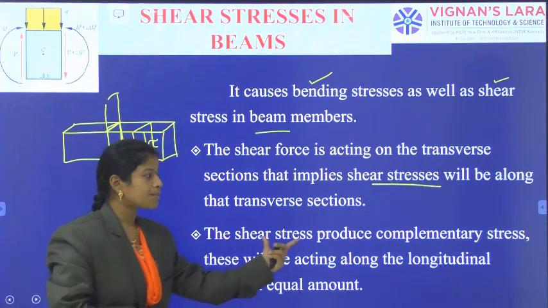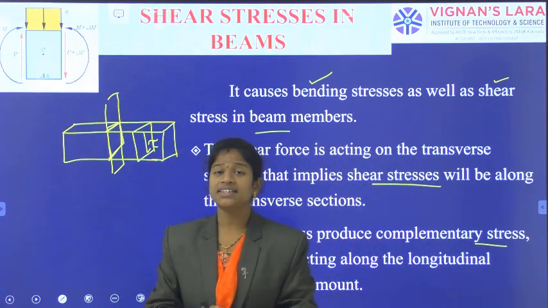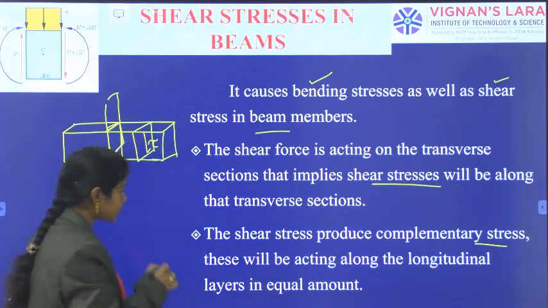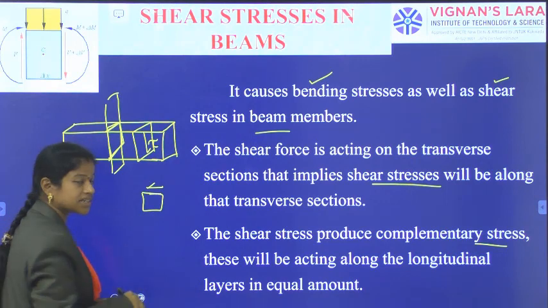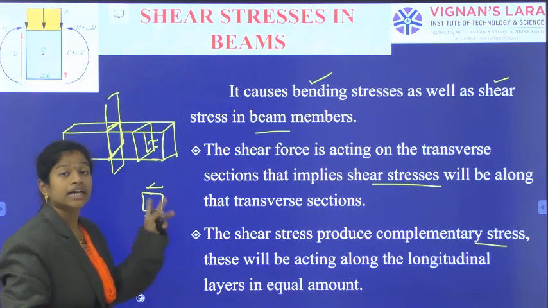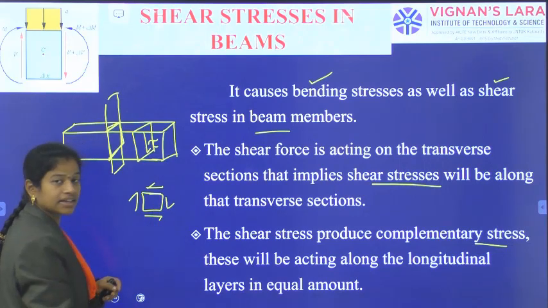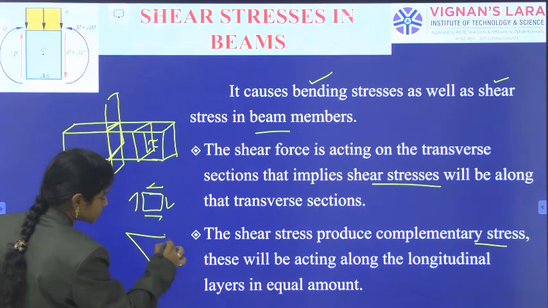The shear stress produces complementary stresses. We have already mentioned the principle of complementary shear stresses. When a single body is subjected to some shear stress, complementary shear stresses will be generated in a shape like this, which causes a distortion like this.